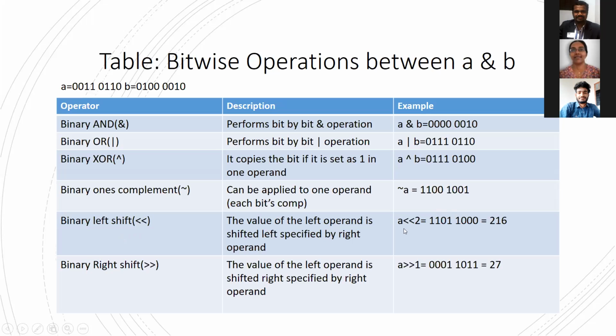Binary left shift again just shifts the bits. If you see A, I have given this operator and then 2. So A binary left shift 2 places will shift these values by 2 places.